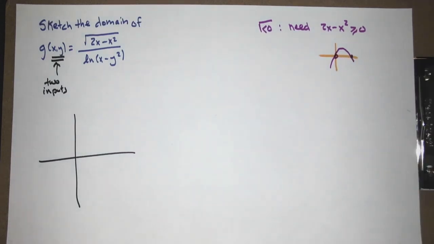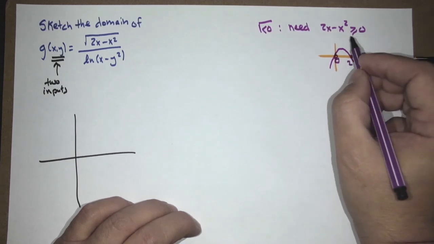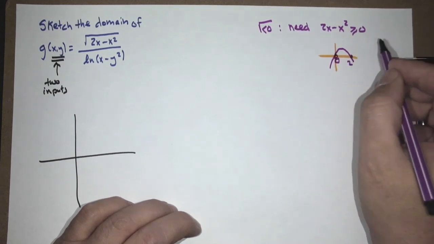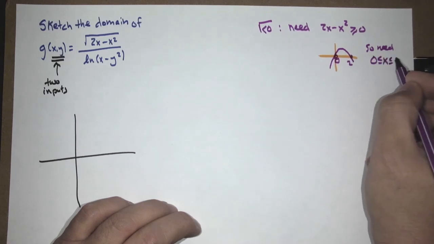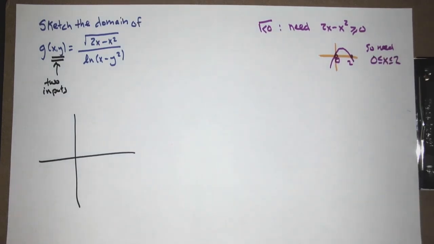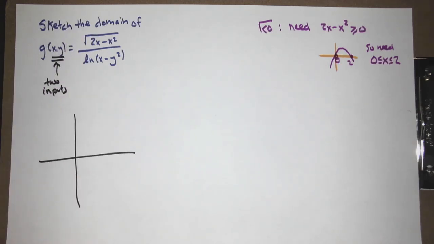Where am I positive? From 0 to 2. So we need x to go from 0 to 2. If x is not between 0 and 2, 2x minus x squared is negative, and that's not going to work for our function. So that tells us something.